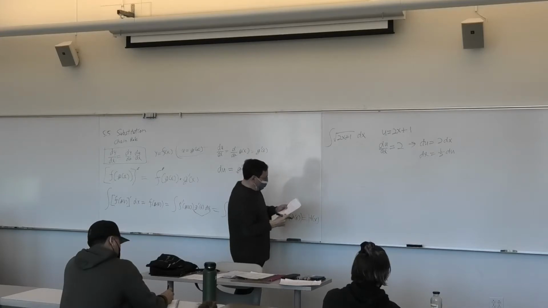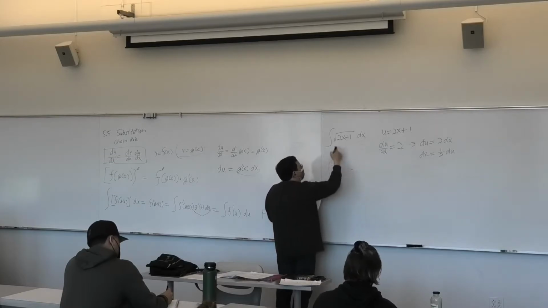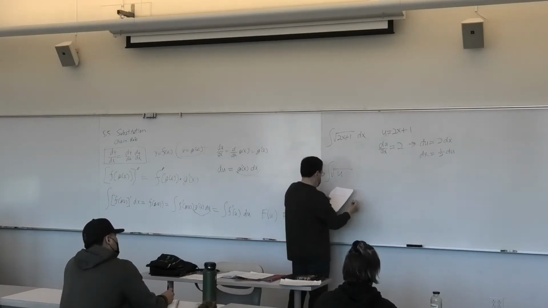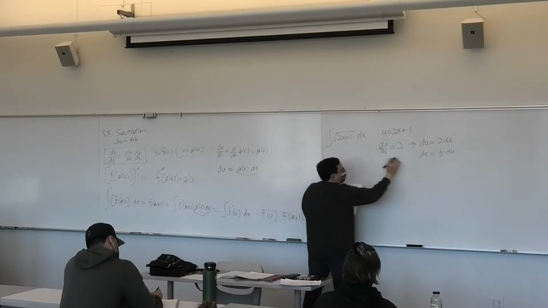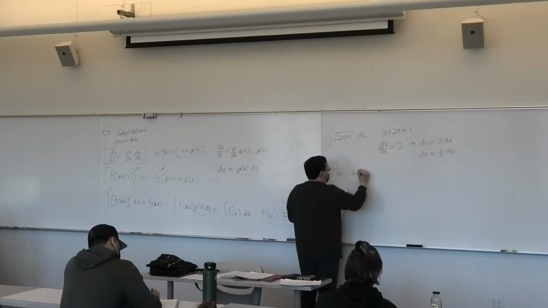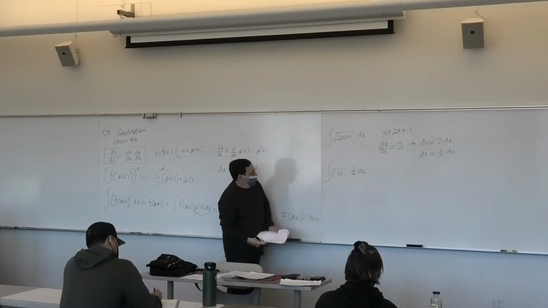And then we're going to substitute here. So 2x plus 1 becomes u. dx becomes 1/2 du.